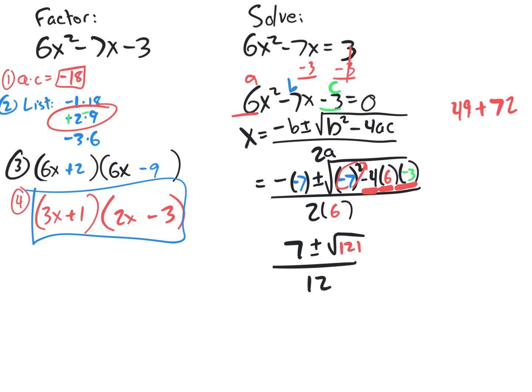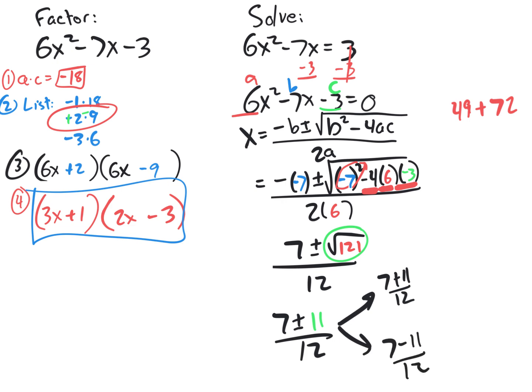Okay. So luckily, this square root of 121, that's a perfect square number. You could do it on a calculator. That does equal 11. So what we really have is 7 plus or minus 11, no more square root, over 12. And that plus or minus right here actually provides 2 answers, 2 situations. The 7 plus 11 over 12, and also the 7 minus 11 over 12.